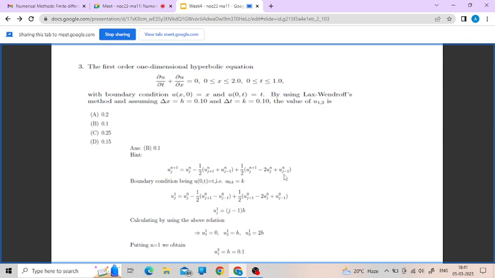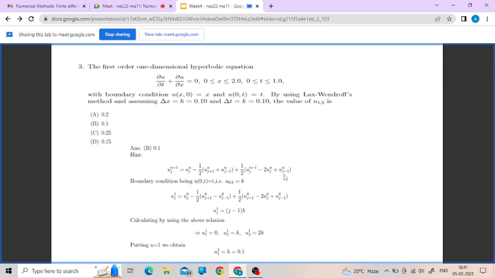Similarly, substitute u i minus 1 comma j is equals to u i comma j minus del x into del u over del x at i comma j plus del x square by 2 factorial into del square u by del x square at i comma j minus del x cube by 3 factorial into del cube u by del x cube at i comma j plus dot dot dot.